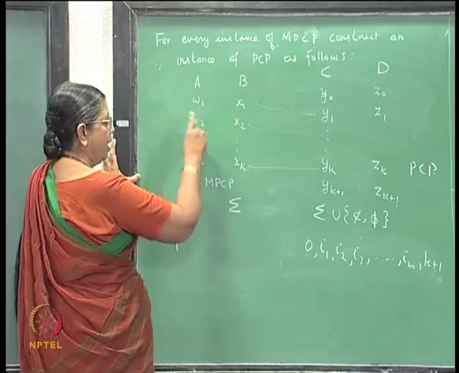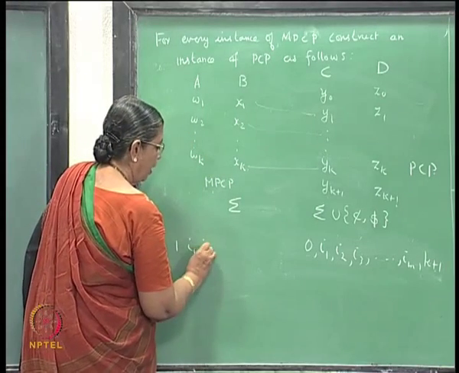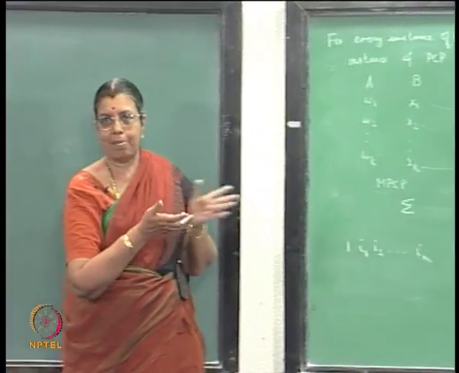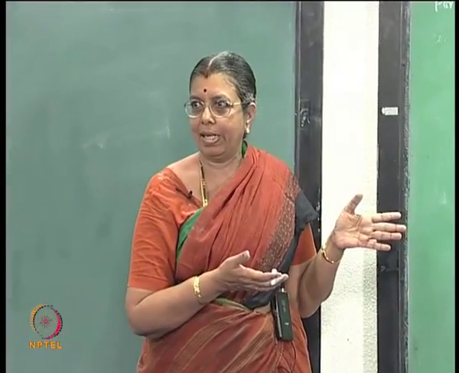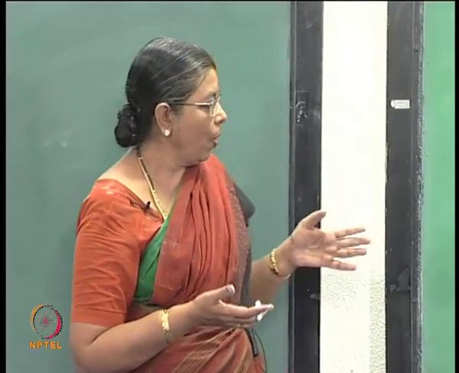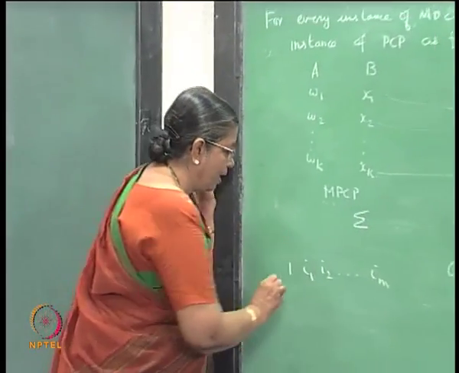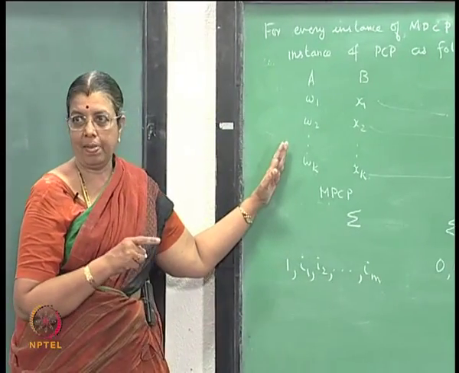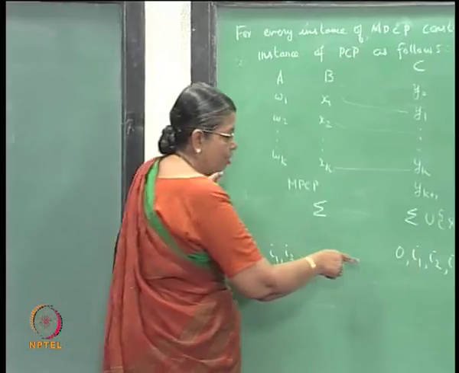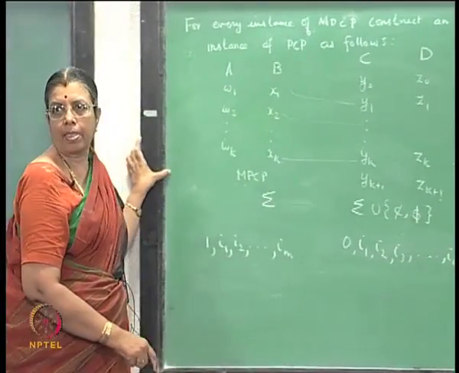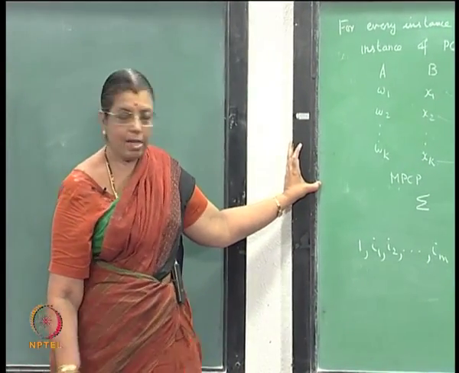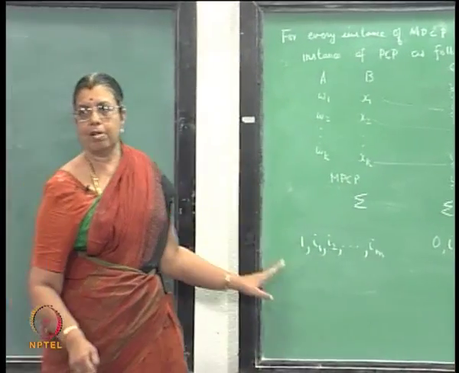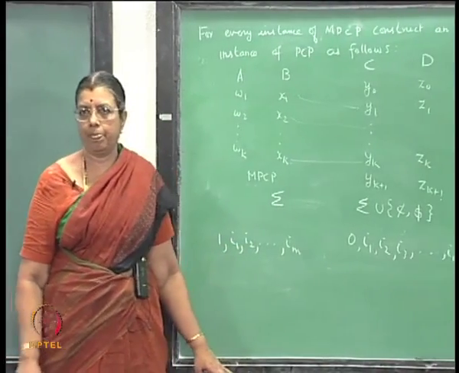Then for I1 again you choose the same I1, I2, up to Im. The last is to adjust the markers and have the dollar sign, is it not. So, if this is a solution for the MPCP, this will be a solution for the PCP. And if this is a solution for the PCP, this will be a solution for the MPCP.